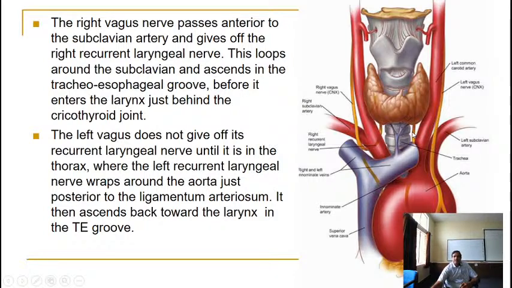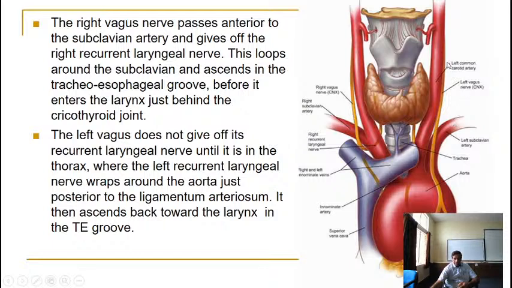It goes into the larynx just behind the cricoarytenoid joint, and supplies all the intrinsic muscles of the larynx, except the cricothyroid, which is supplied by the external branch. We'll come to that external branch later.